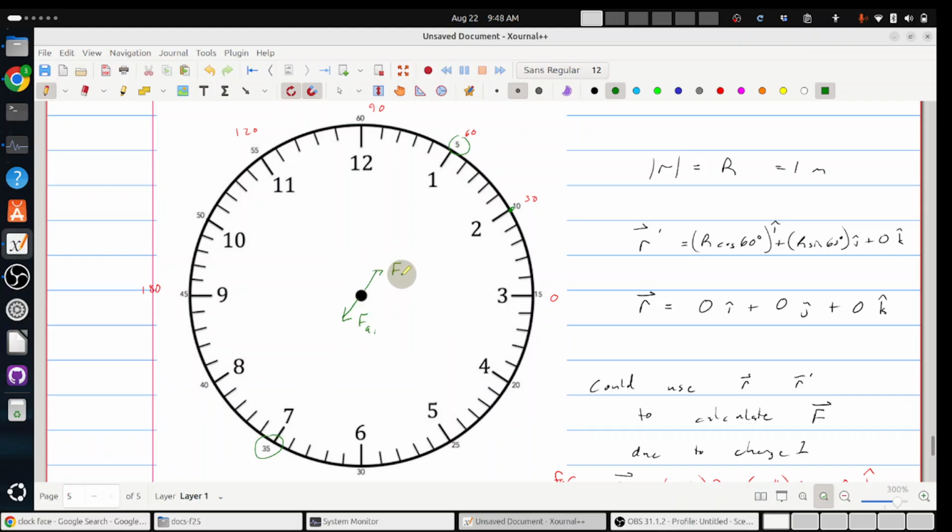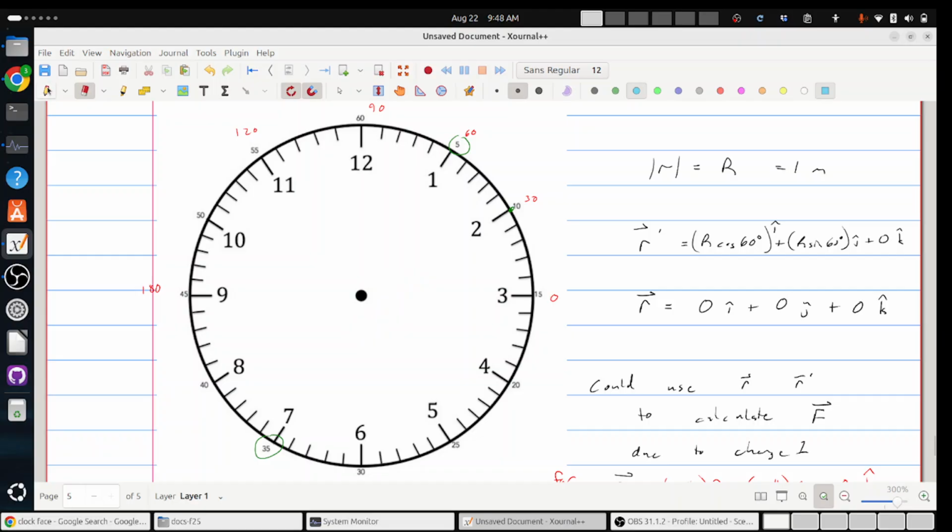And so the force due to Q7 is exactly opposite. Q2 and Q8 would be opposite of each other. I'm not very good at drawing straight lines here. Q7. Okay. Hold on.